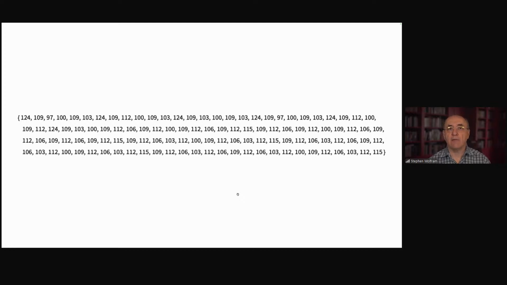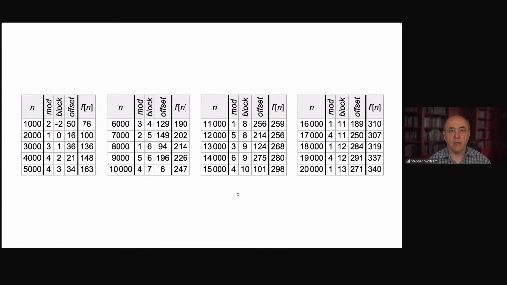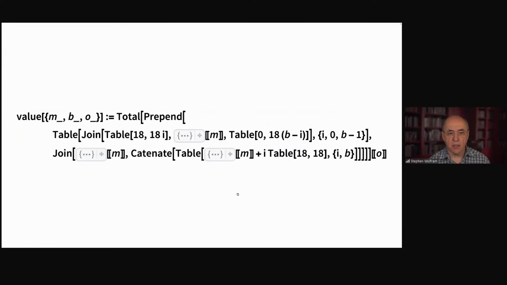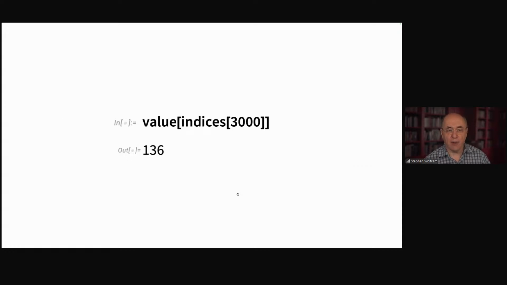But what if we're not dealing with block 0? For example, according to the table that we just were looking at, f of 3000 is determined by mod 3 block 1. Well, it turns out there's a straightforward, if messy, way to compute this for any block B, for mod M. And we can just use this way of computing to compute the value of, say, f of 3000, effectively just by evaluating a formula.